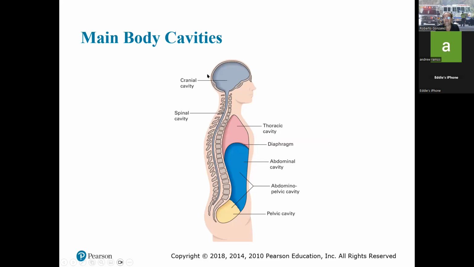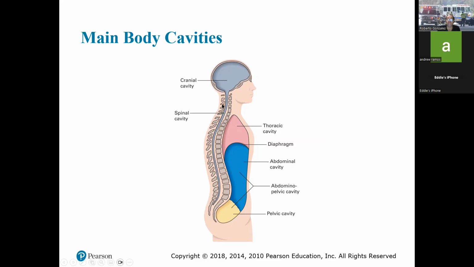And the body is divided into compartments, like houses and cars. So you have the cranial cavity right here, the thoracic where the lungs, heart, and major blood vessels are, the abdominal where most of the digestive organs are, and the pelvic, where most of your reproductive and part of the urinary system is located.